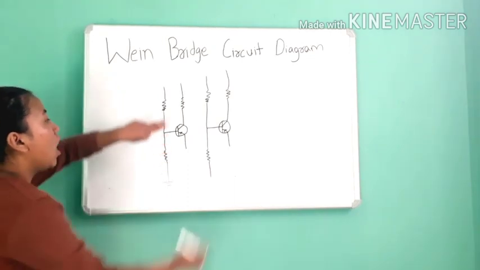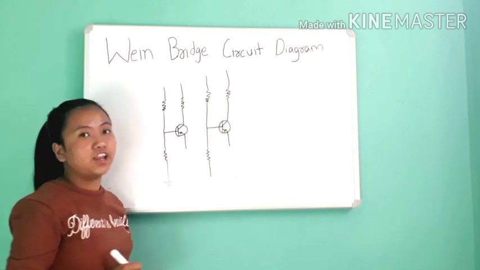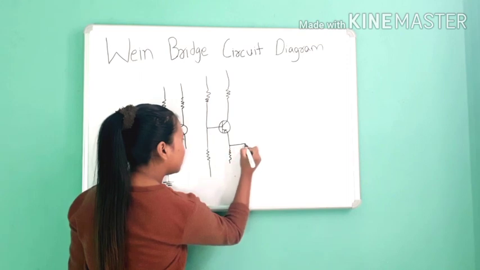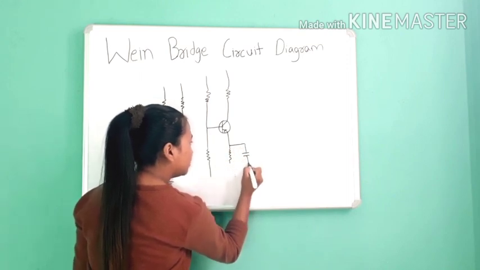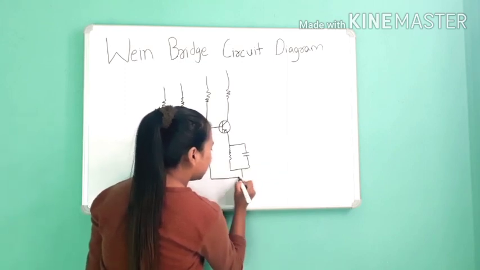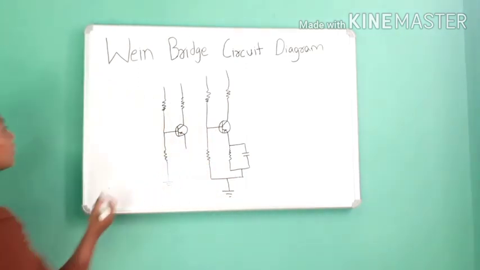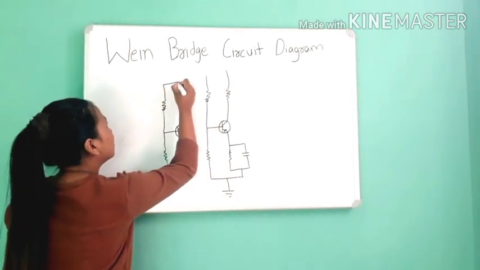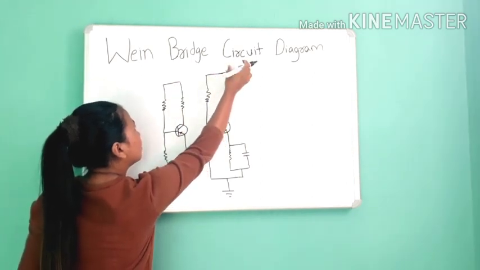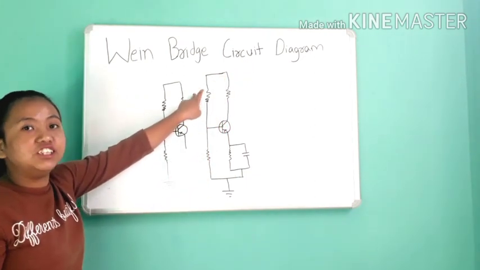And both transistors are connected in voltage divider biasing arrangement. A resistor is connected to a capacitor. This is also grounded. And these are connected to a supply called VCC.